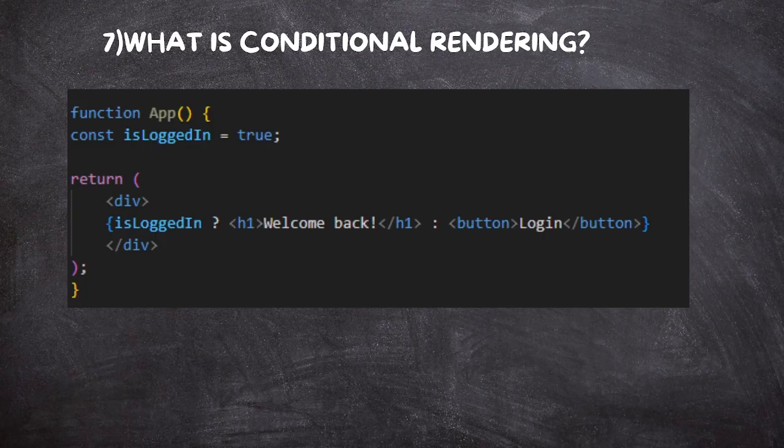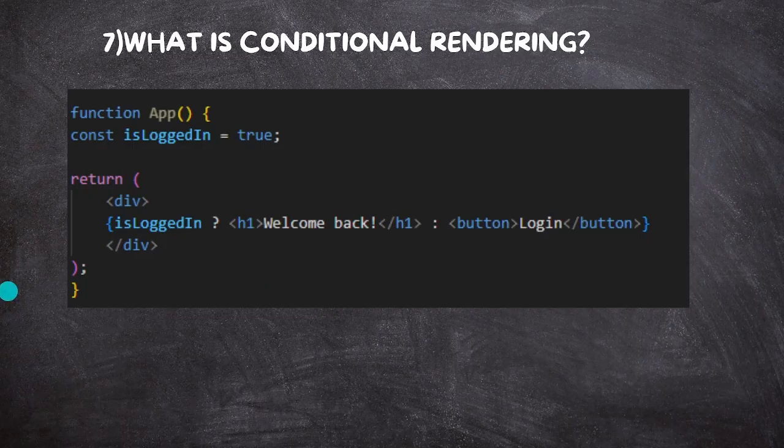It works just like regular JavaScript logic because React JSX is basically JavaScript with HTML-like syntax. So in this app component, if the value of the isLoggedIn variable is true, we display a welcome back message. Else we display a login button.